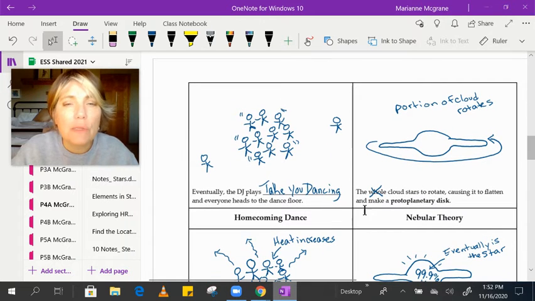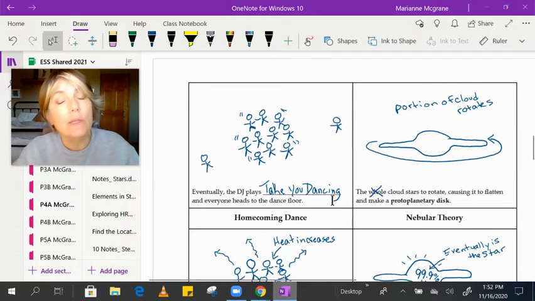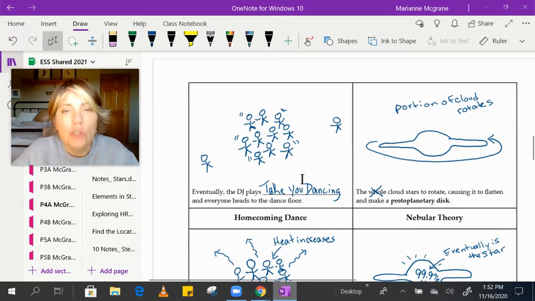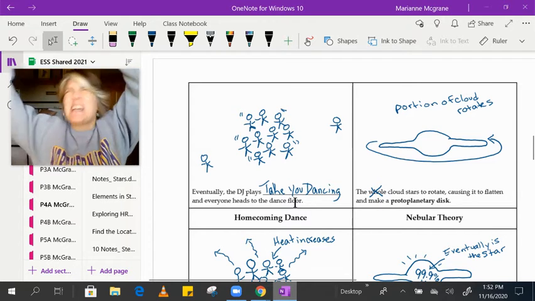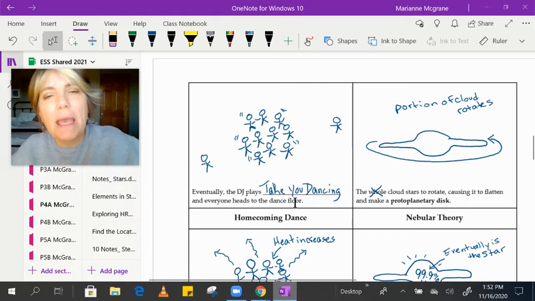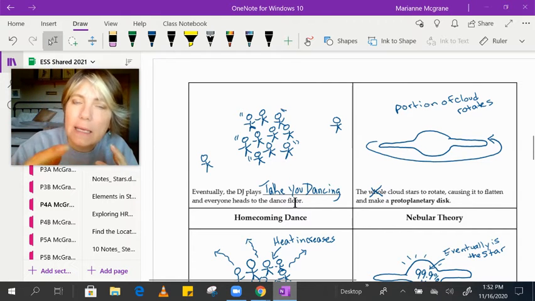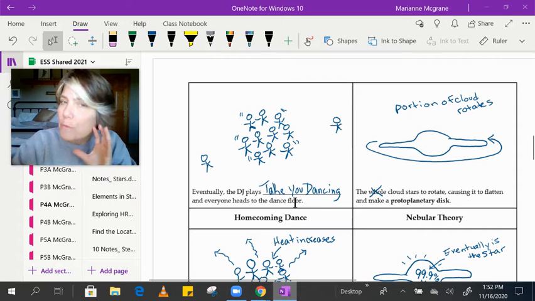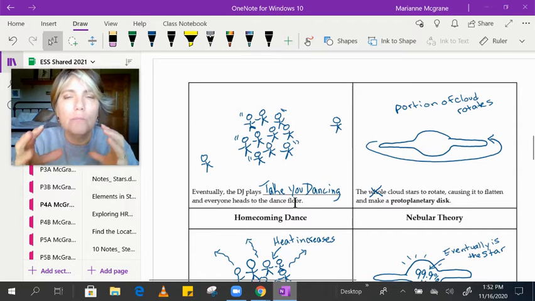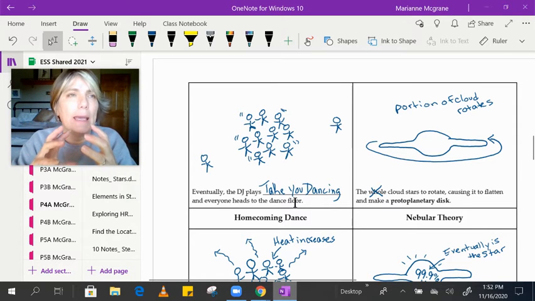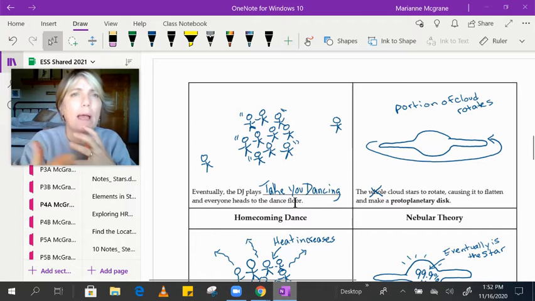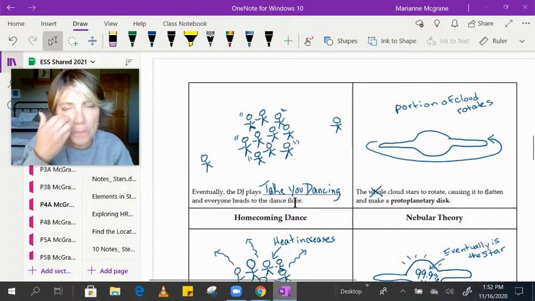Okay, eventually the DJ plays "Take You Dancing" by Jason Derulo, and everybody's like, "Oh my God, this is my jam!" And everybody runs to the dance floor, and everybody starts moving together, right? And so you can see the movement on the dance floor, and people start moving around, and the dance really starts going.